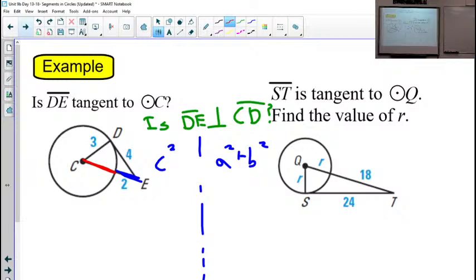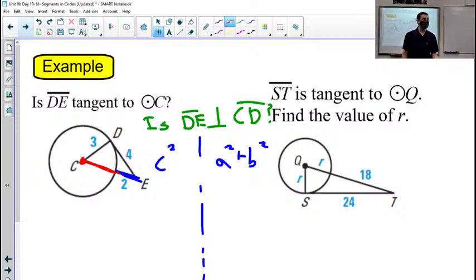Good news, we already know what that distance is. That distance goes from the center here to a point on the circle here. Well, if it goes from the center to a point on the circle, then it's a radius by definition. And by definition, any radius is the same length as any other radius. That's what a circle is. That's what a radius is.